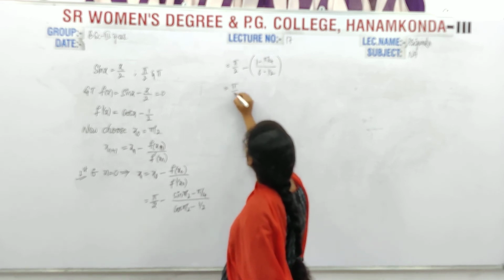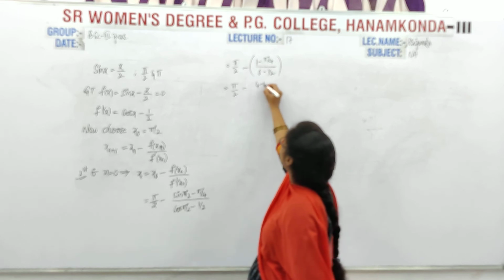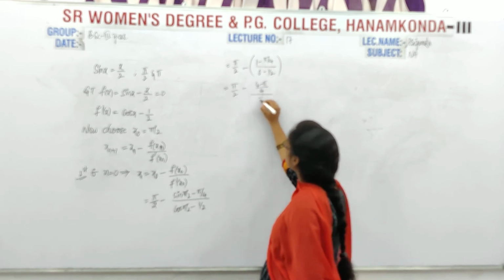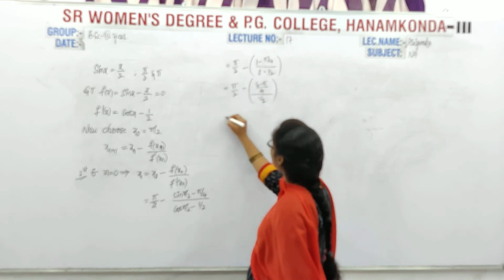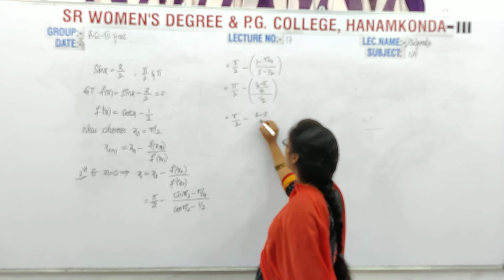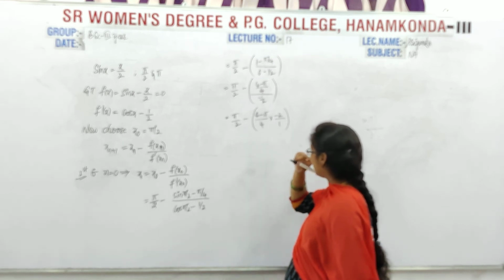Now pi/2 minus, here what do we get? (4 - pi)/4 divided by minus 1/2. Now simply pi/2 minus (4 - pi)/4 into minus 2/1. So now what will we get here?